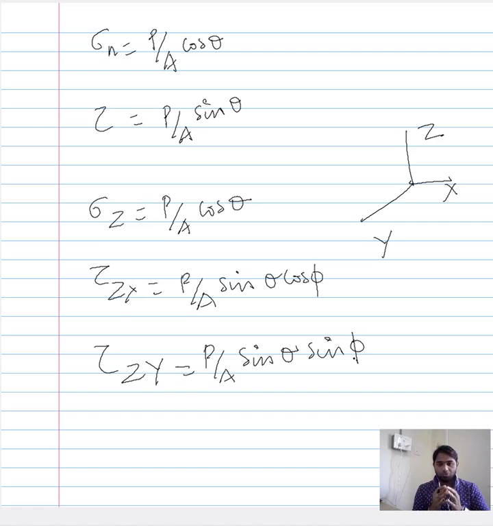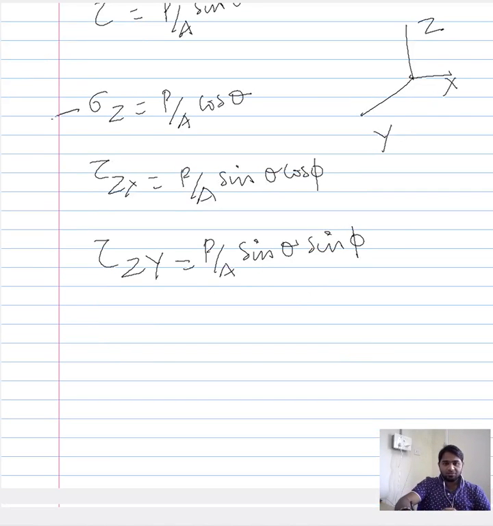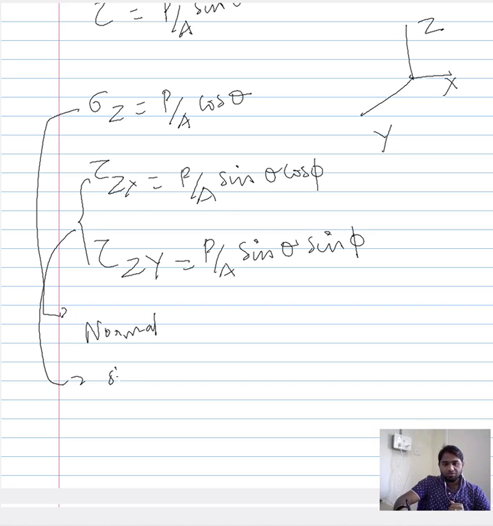We should note that in the three-dimensional case, this is a normal stress because it is along the direction perpendicular to our region of interest, and these two are shear stresses as they act along the surface of our region of interest. So the normal stress acts perpendicular to the region of interest, and the shear stress acts along the region of interest.